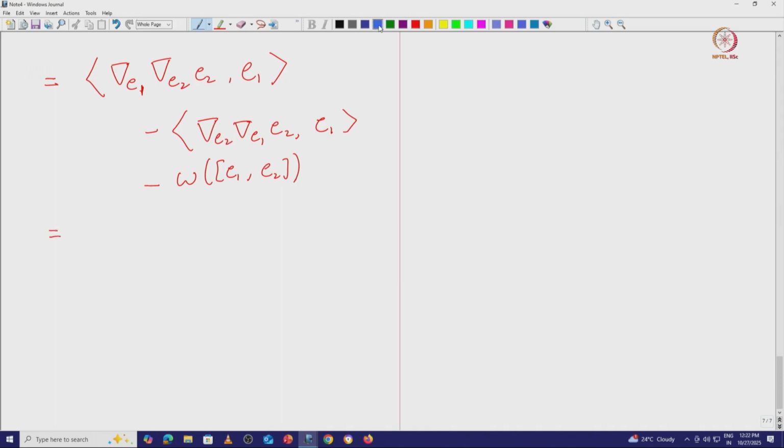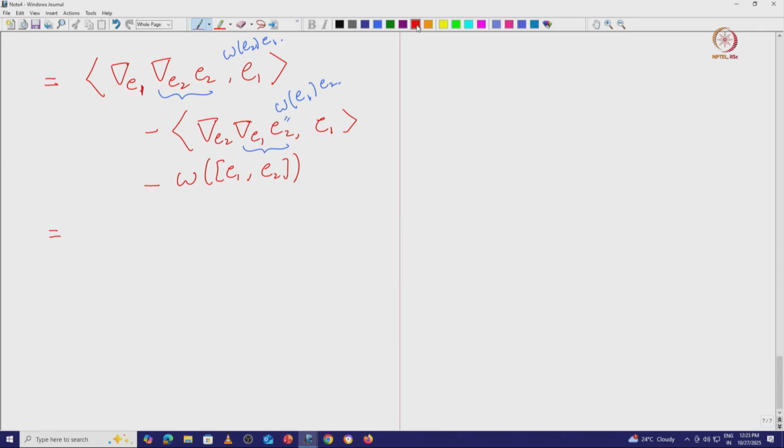So now here I again replace this by just omega of E2 E1 and replace this by minus omega of, sorry, you are differentiating E2, so this is also plus, so this is going to be omega of E1 E2.